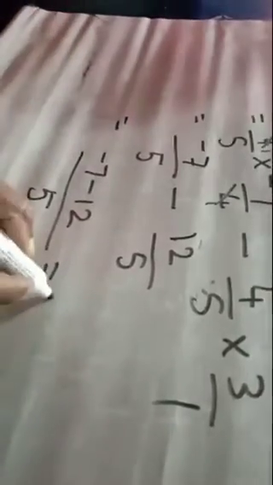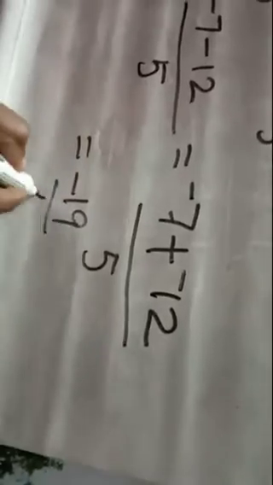Otherwise you can take the additive inverse: negative 12 becomes plus 12, negative sign becomes subtraction, becomes addition. And what is the additive inverse of 12? Minus 12 by 5. That is minus 19 by 5. Here 19 by 5, here minus 19 by 5. So hence verified.